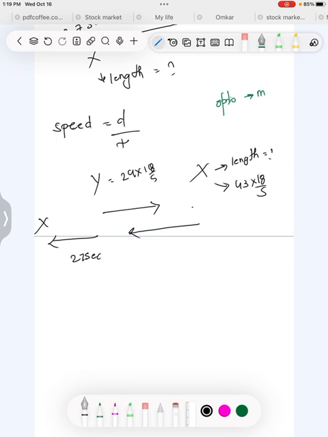It is in meters per second. Tell me what we have to do. Is there any formula over here that we have to use? Okay, leave the formula actually. What can you do? Just think practically.